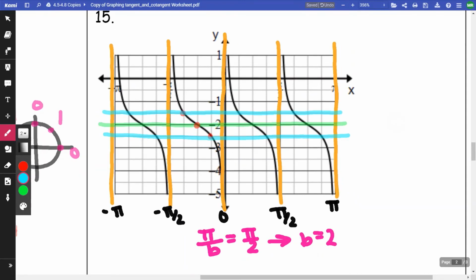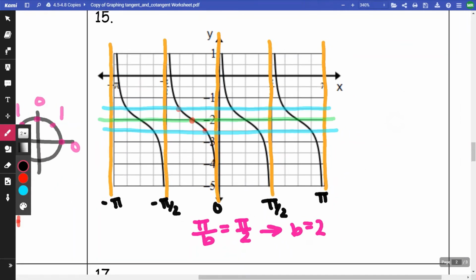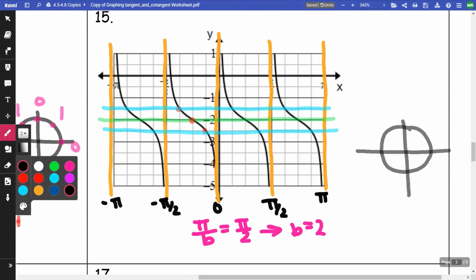Okay, so if I am doing this, one way to think about it is if I am thinking of it as a cotangent. I know this may not normally be a cotangent because it's starting at, actually it is because it's starting at a positive and going to the negative, sorry.